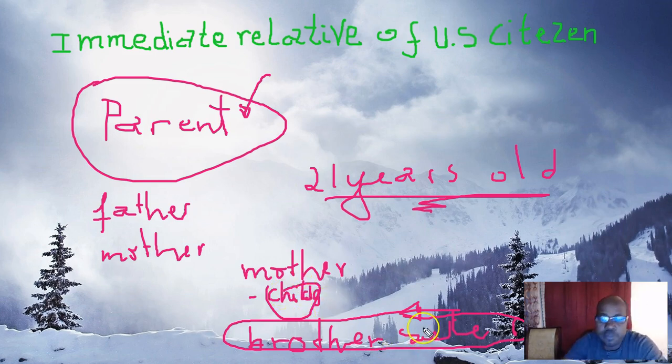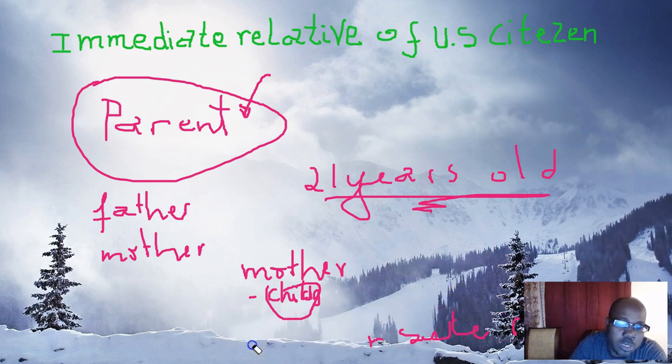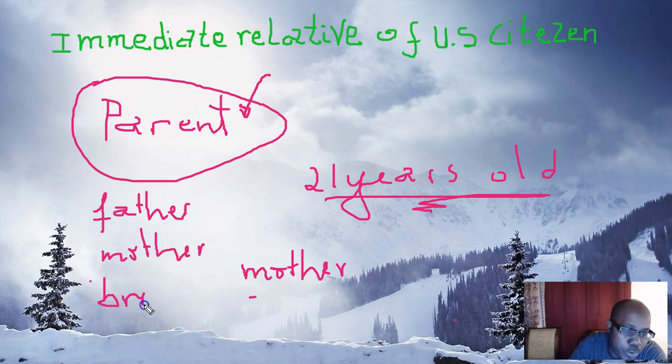You cannot do that, because your brother and sister, as a US citizen, are another category. You can still file for them, but you cannot include a brother or sister on the application that you're filing for your mother or your father. So it's a separate application for mother, a separate application for father, and a separate application for brother or sister.